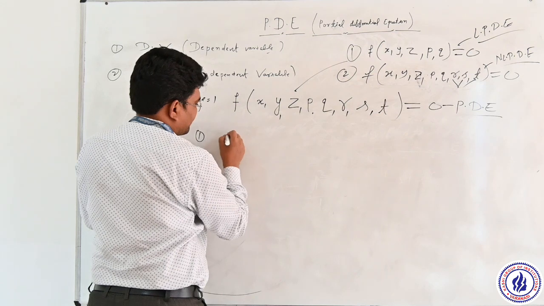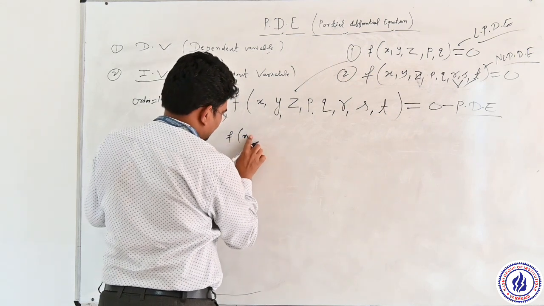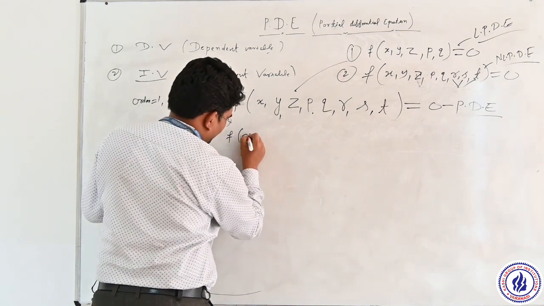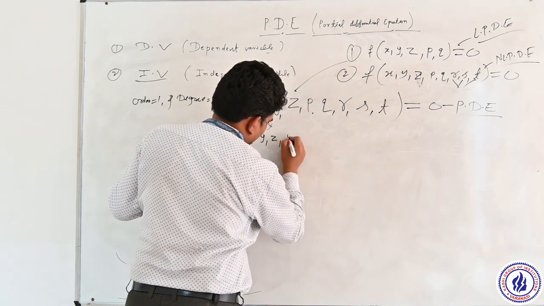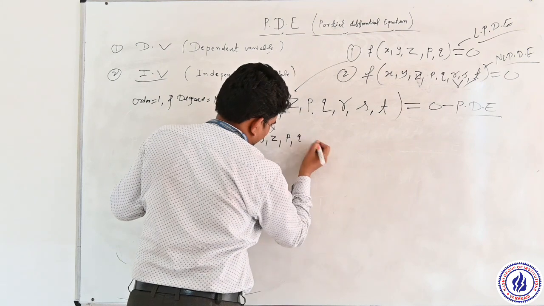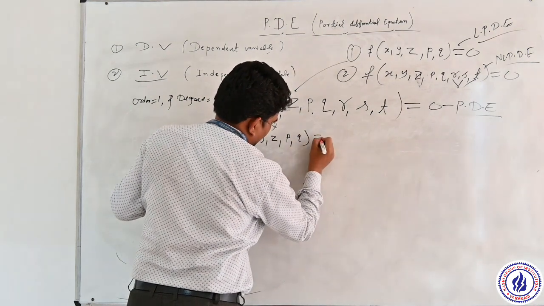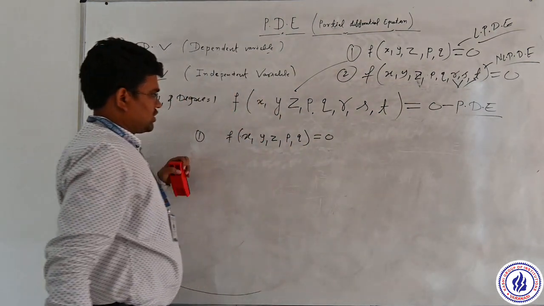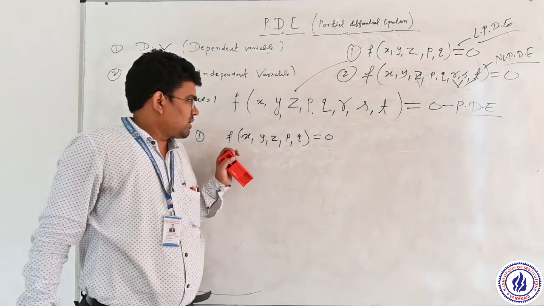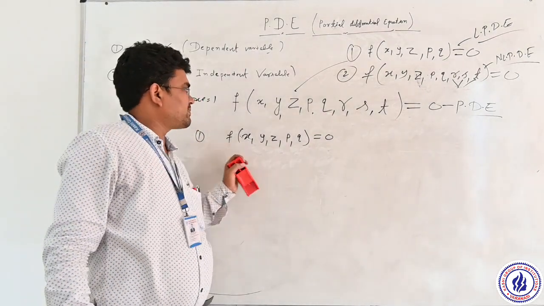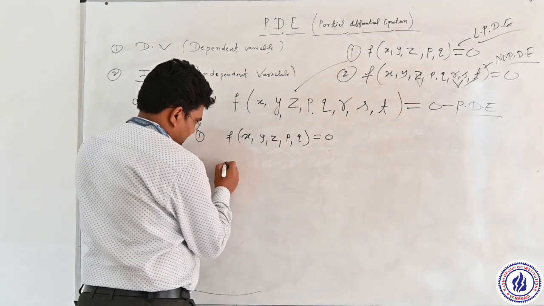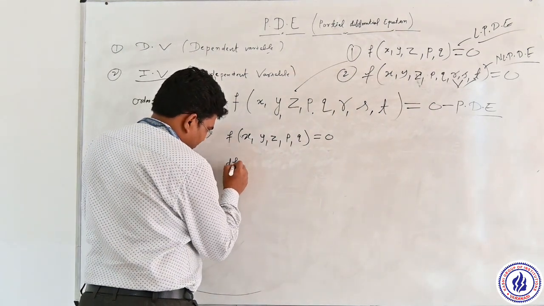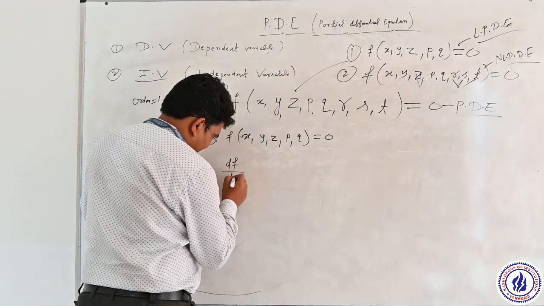You have f(x, y, z, p, q) = 0. Suppose our operation goes with respect to x. So firstly we take df upon dx.